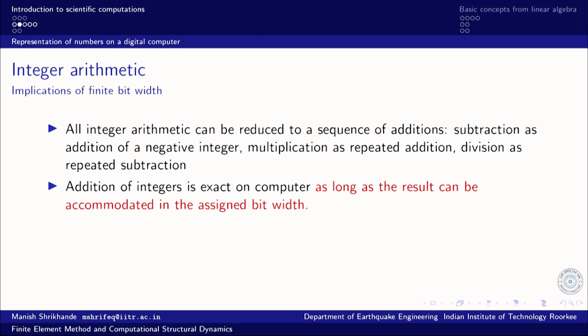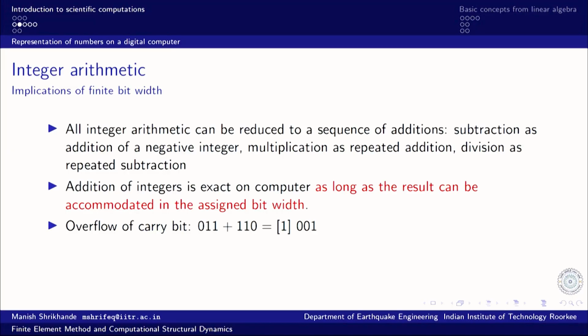More on this. This is an example of what I mean by the result being accommodated in the assigned bit width. As you can see, whenever we have this addition, there is a carryover of the fourth bit. Now, there is nothing to store the bit that is in the square brackets, there is no space to store this particular number, and it is just tossed away after the addition, and the result would be erroneously reported as 001, that is just unsigned decimal 1.